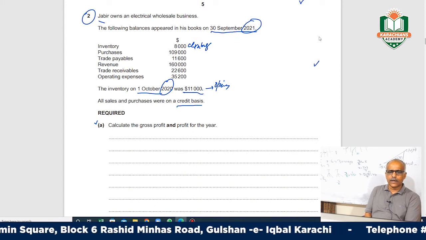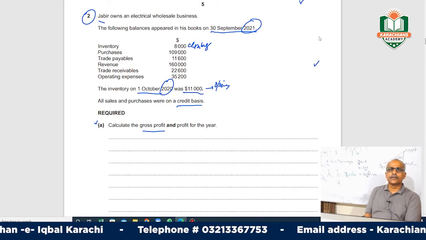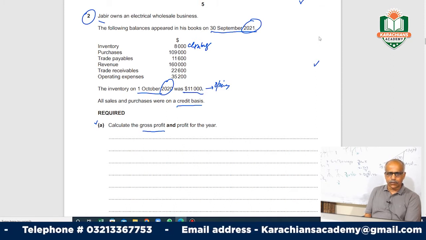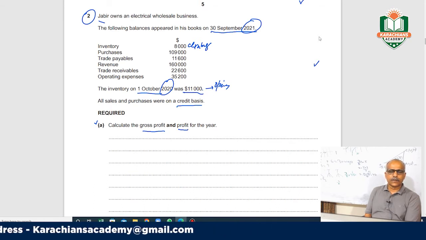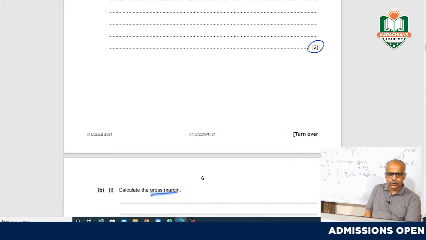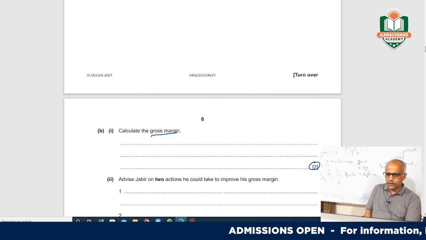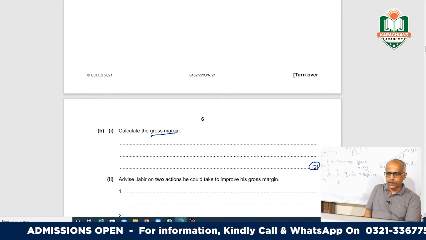Move on. Calculate the gross profit and then the profit. This is question A. Question 2B: calculate the gross margin.